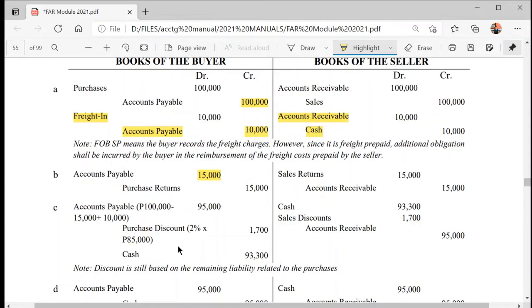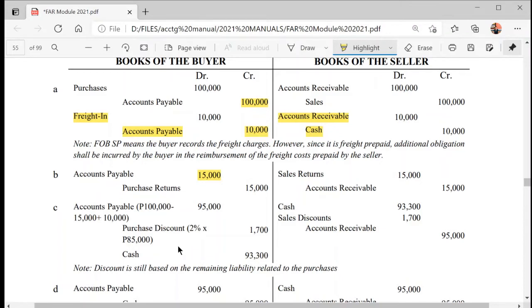Wala may discount ang freight. Unsa naman ang na-discount? The only amount that would be discounted would be the net nga purchases or the remaining accounts payable. So only the accounts payable for the purchases will be used as base for the discount. So only 85,000. Diba? 95 man to, minus 10, so 85.